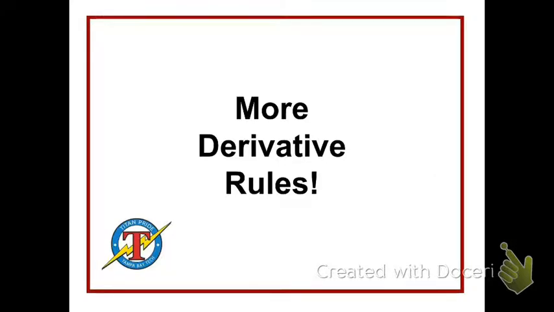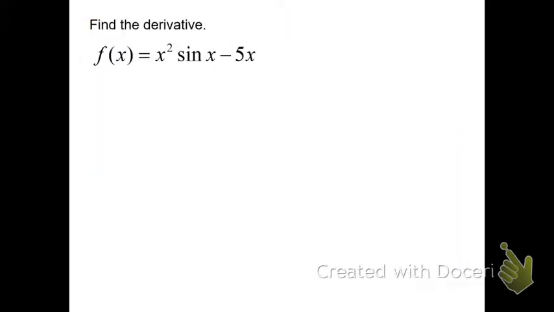All right, so first, a problem that I'm kind of hoping you can do without me. If I ask you to do the derivative of this, and I'm going to give you a review assignment today where you have a lot like this, first, how do you think you would approach this problem?